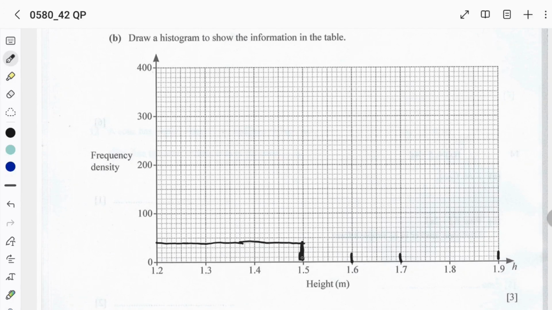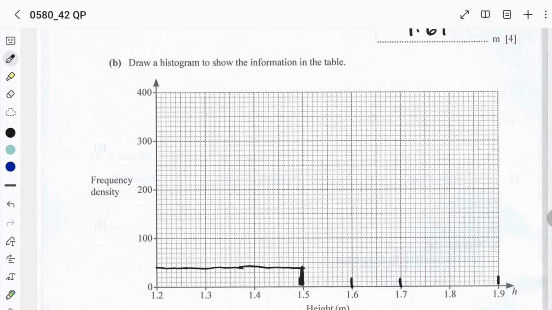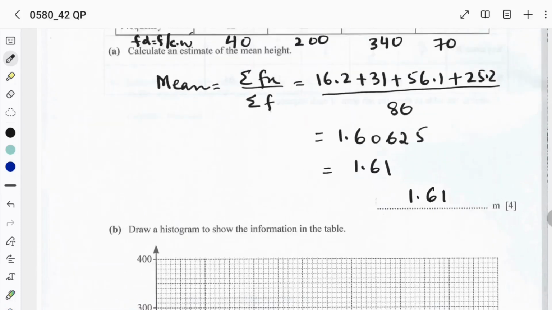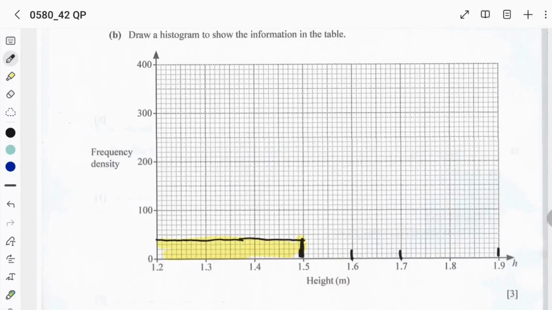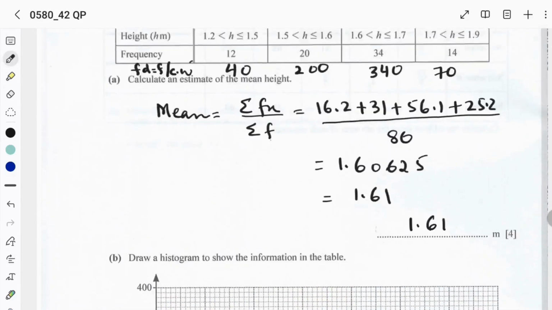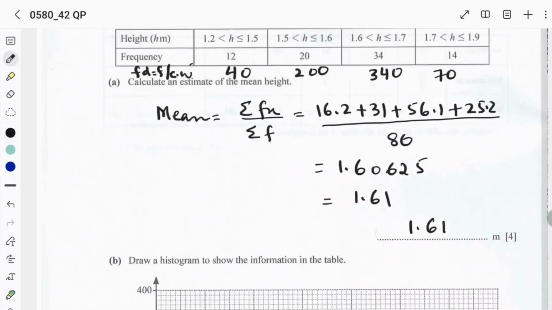Okay, this is the first bar, and then afterwards you can have the second one. It's becoming 200, so make it 200. Okay, so this is 200. The next bar is 340.